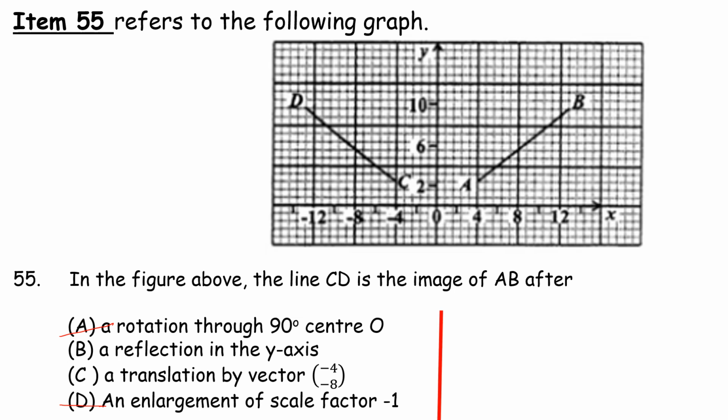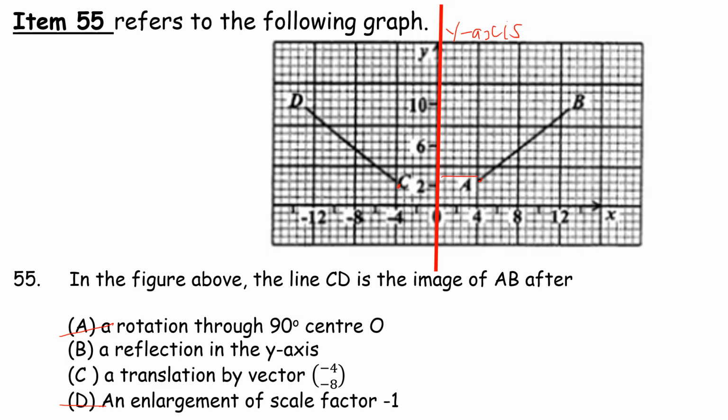Now, if we draw a line, which is the y-axis, just emphasizing it, because the diagram is not so clear. So that's the y-axis, and you notice this particular point C is the same distance from the mirror line.